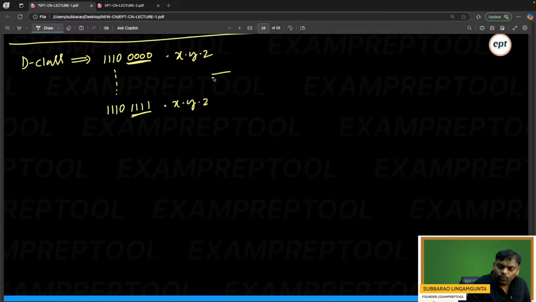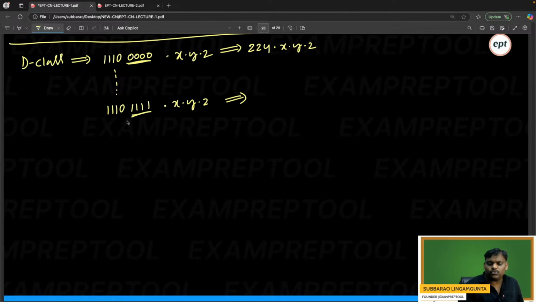Now this value becomes how much? 1110, the remaining all zeros. 128, 64, 32, add all of them, it's going to be 224. Calculate properly. Dot x dot y dot z. For the 224, add this 15 also. 224 plus 15.